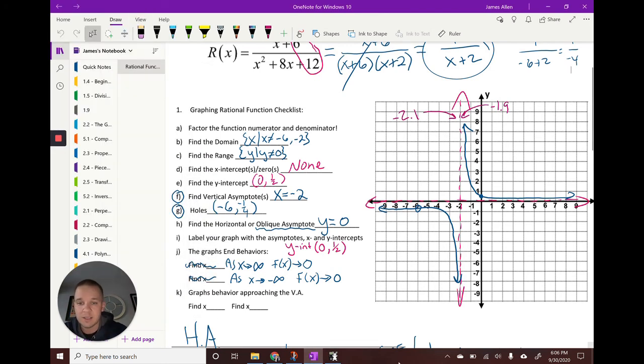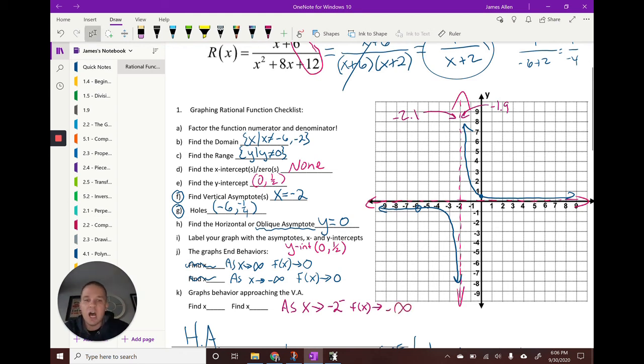So the way we would write that is, as x approaches -2, and if we want to say from the left, we use a little superscript negative up top there, then f of x approaches, and that's this portion of the graph, negative infinity.